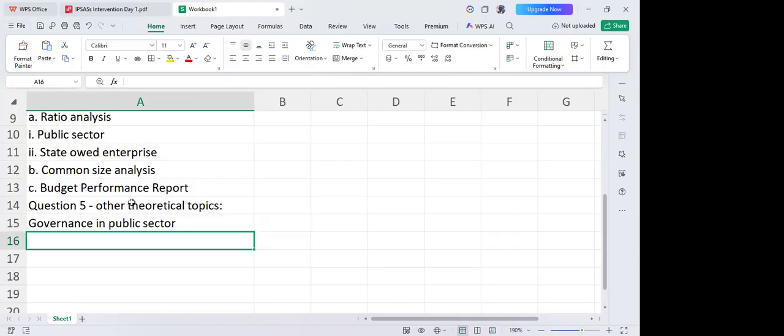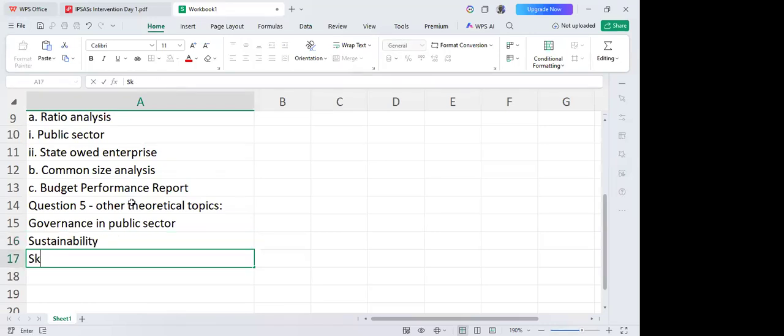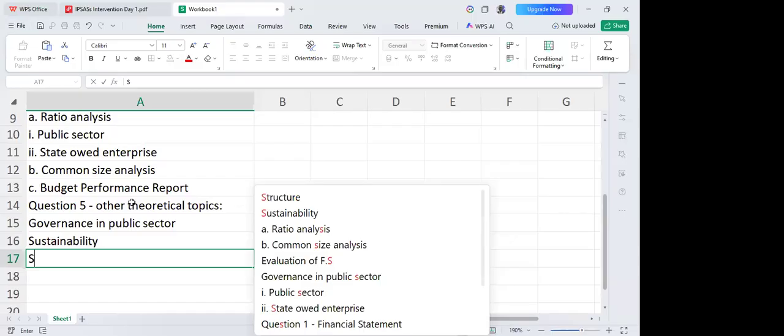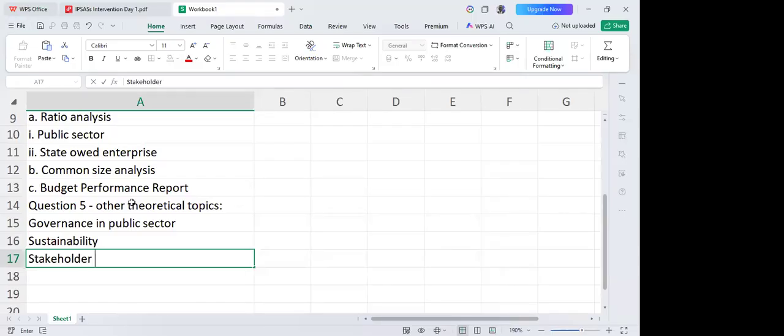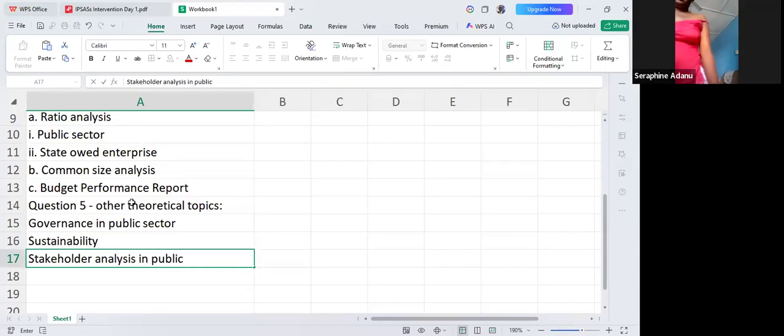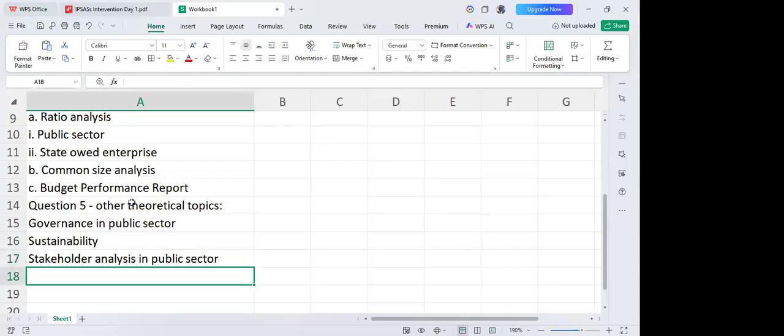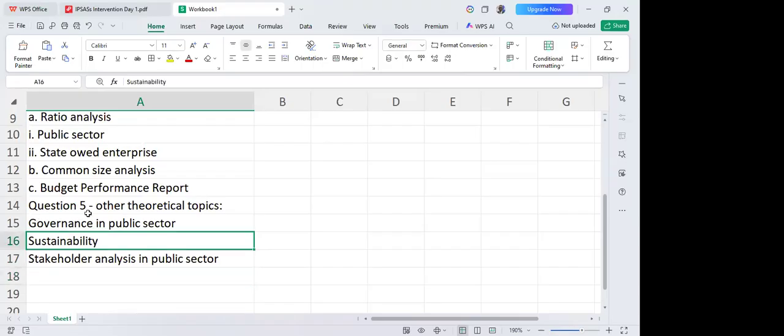So issues of sustainability too are covered here. Stakeholder mapping. So any other theory, stakeholder analysis in the public sector, and then any other theoretical concepts can be examined under question five.